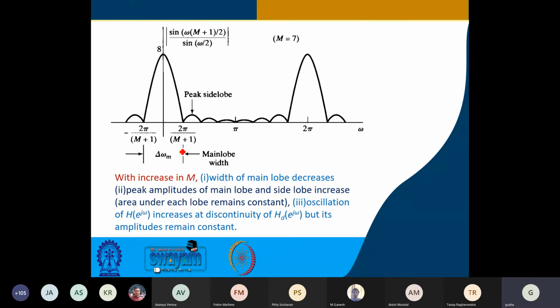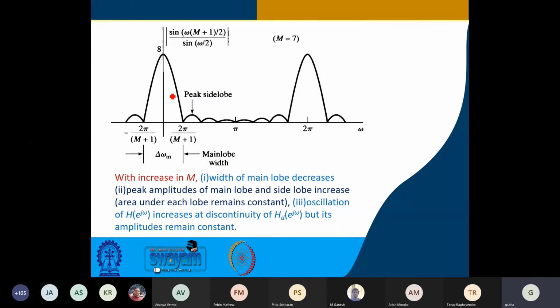That is 2 pi by M plus 1, so 2 pi by 8 in this case, because M is equal to 7 and we are having n is equal to 0 to 7. So the more the value of this M, the main lobe would become smaller and smaller, and we had seen that example. It will become sharper and sharper, more delta function like. So that is one thing that we can figure out.